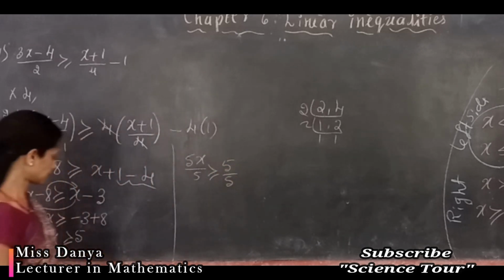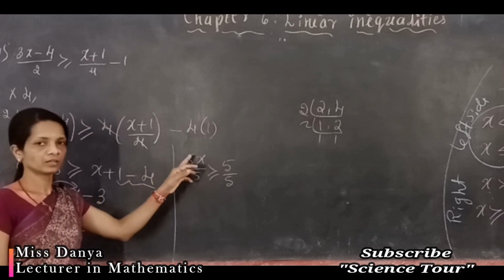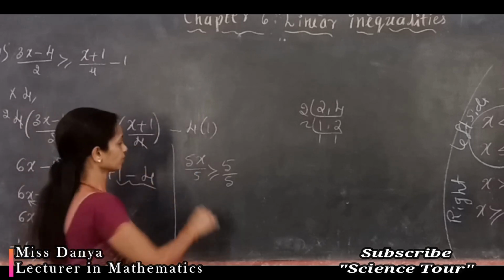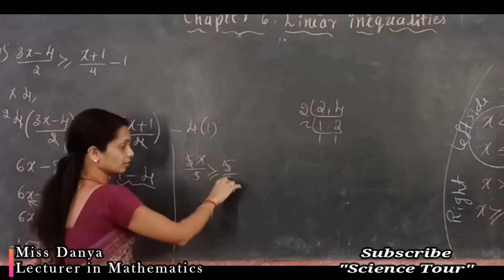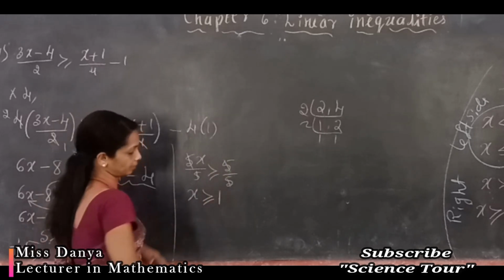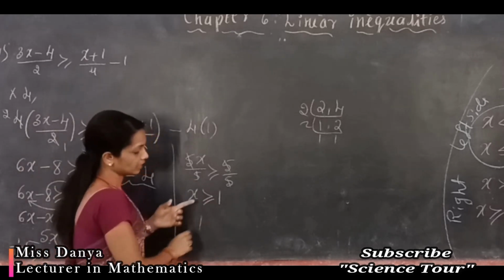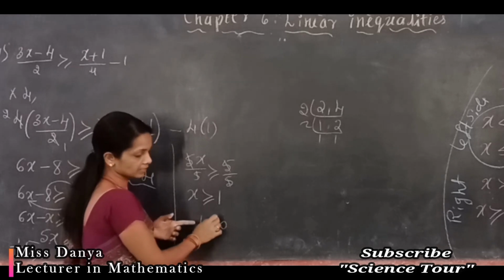Both sides of this inequality we divided by 5 to make this coefficient 1. And here 5 by 5, 5 by 5 cancels, so we are left with x greater than or equal to 1. Since we got x greater than or equal to 1, in the interval the first number is 1 and the second number is plus infinity.